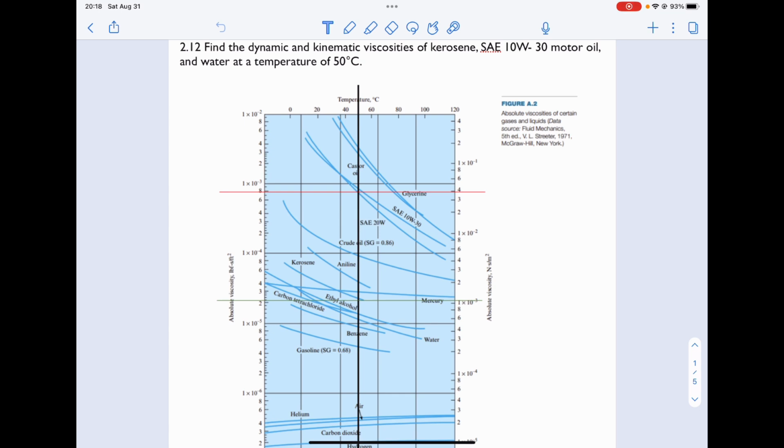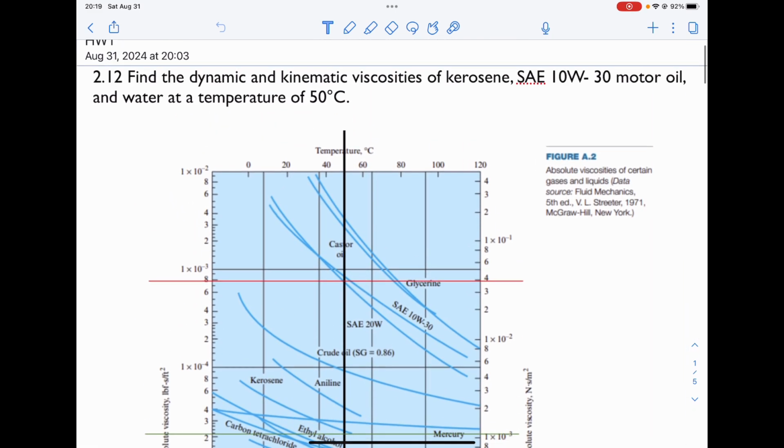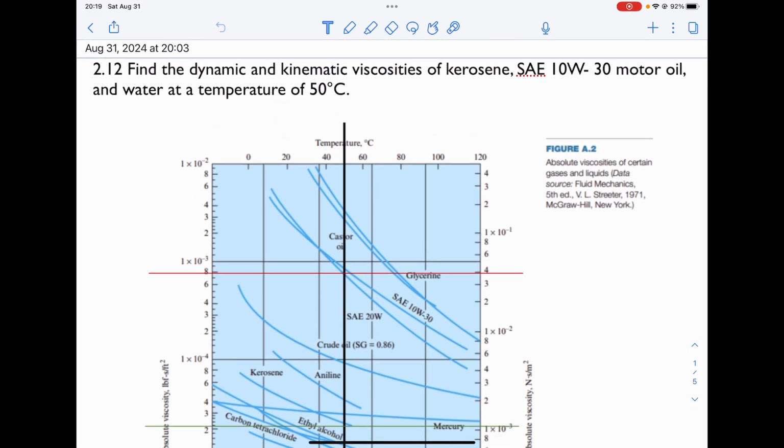It asks us to find the dynamic and kinematic viscosity at 50. What you can do is use the appendix in the textbook. Here we use figure A2 to find the first two, which are the kerosene and motor oil.